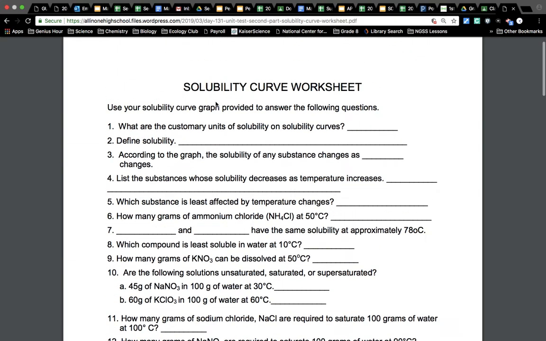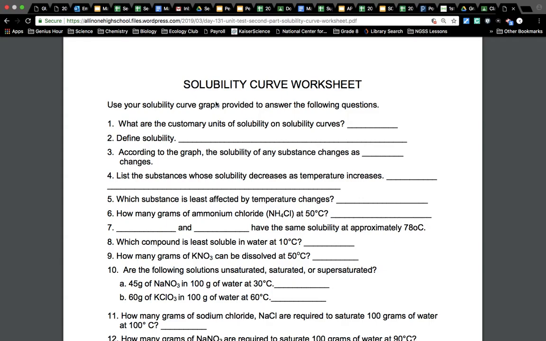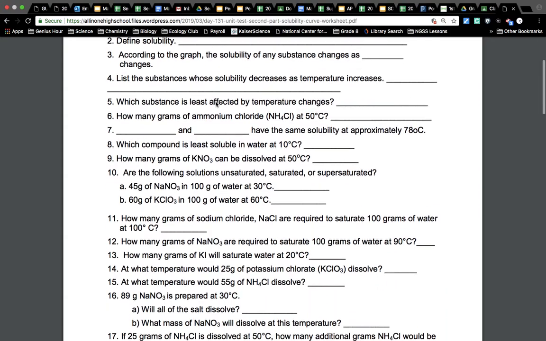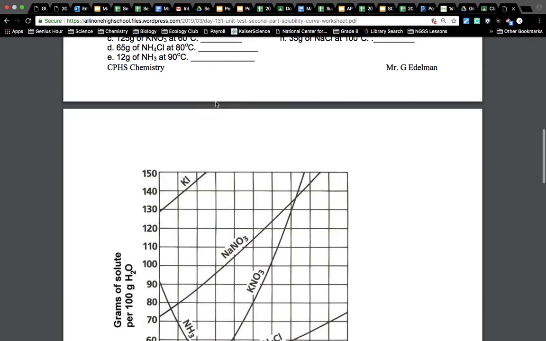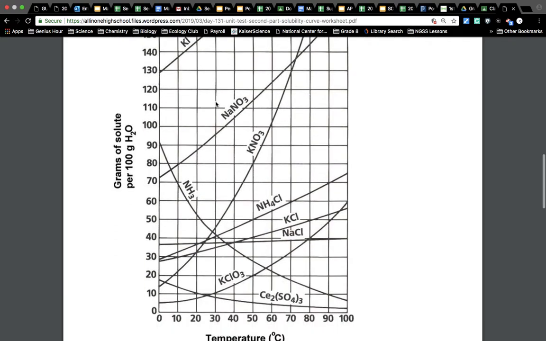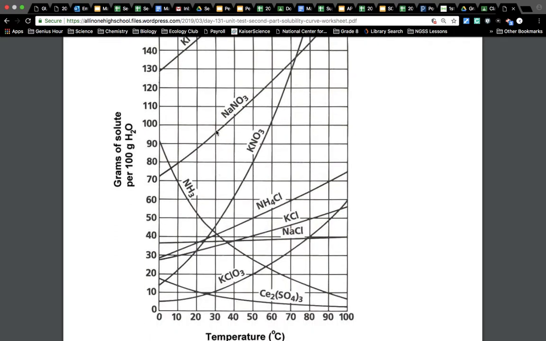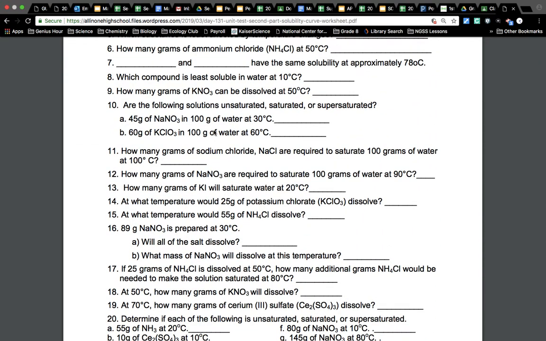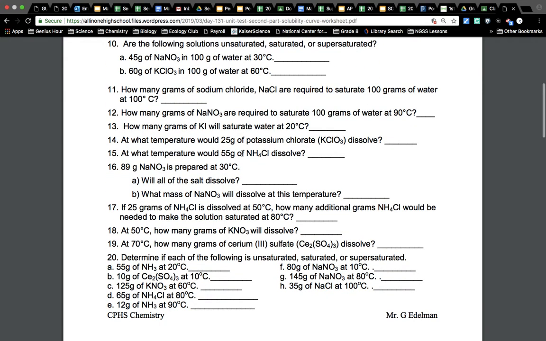Let's make sure I got that right. 45 grams at 30 degrees Celsius. So here's the line here. If I only have 45 grams, it's way below the line. So that means that at this temperature, it can still dissolve a lot more. So that's unsaturated at that temperature.